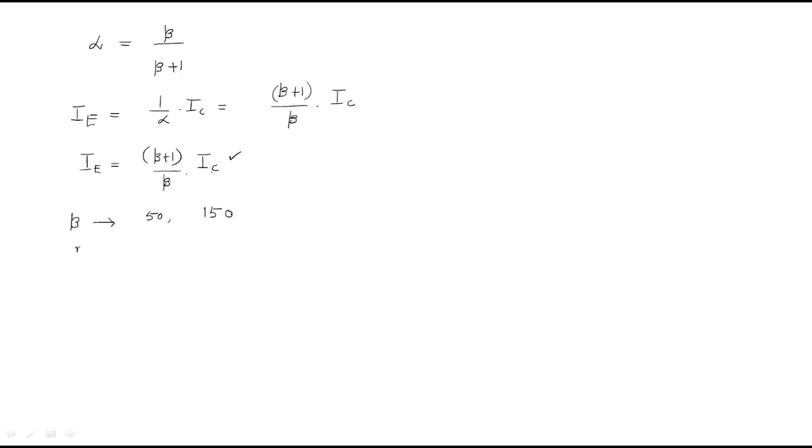So the maximum current IE will be obtained by the minimum beta. What is the minimum beta in 50 and 150? 50 is the minimum beta. Just write it as 50 plus 1 by 50 into IC.